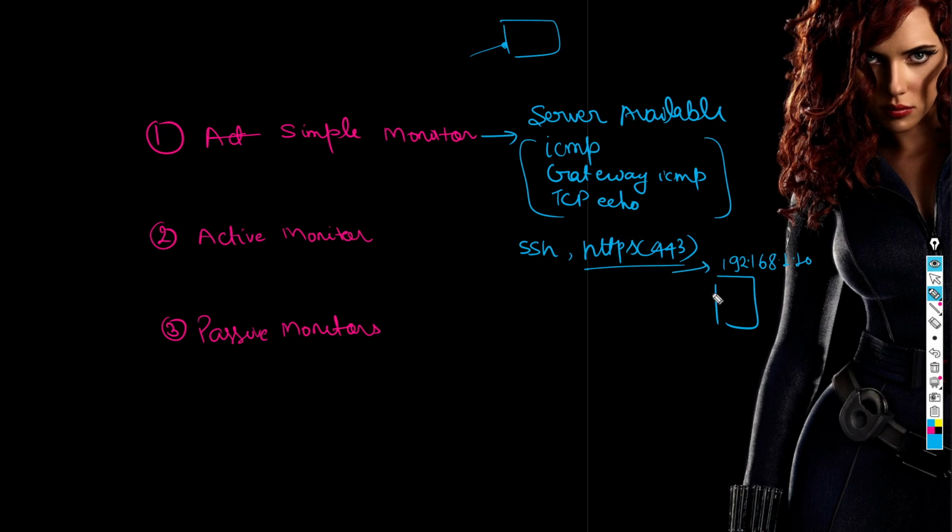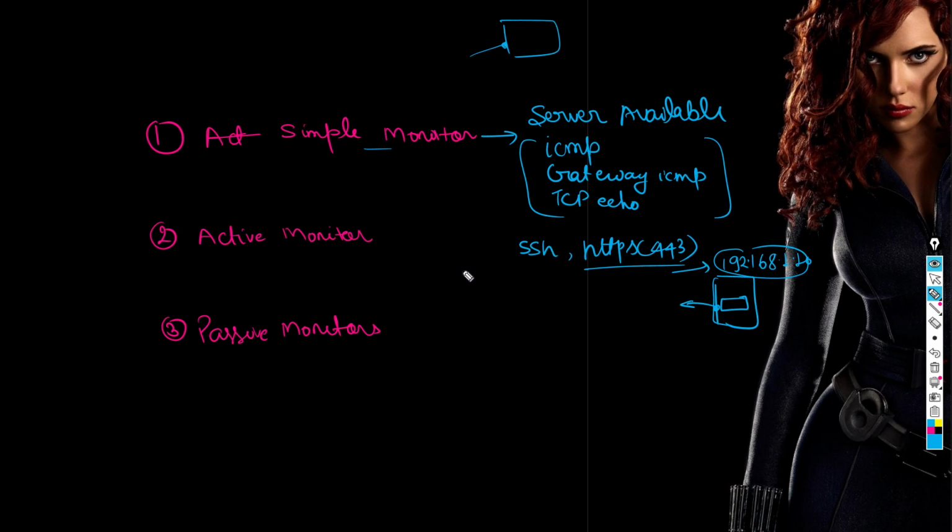You ping that server and it is responding back to the simple monitor. But let's suppose you are running Apache inside that server, and that Apache is not running. So your ping is working, your server is up, but actually your service is still not up. It means that users opening that page using HTTPS will still not be able to reach it.